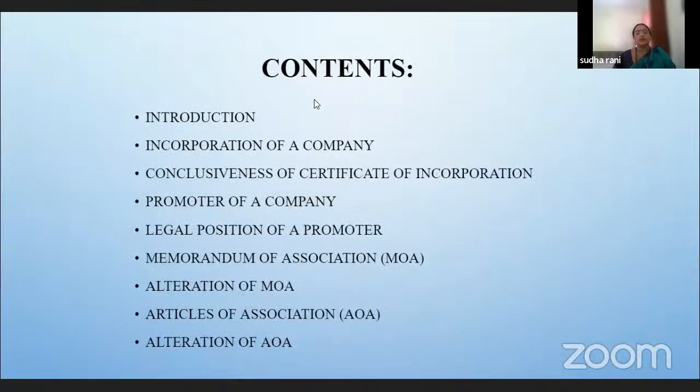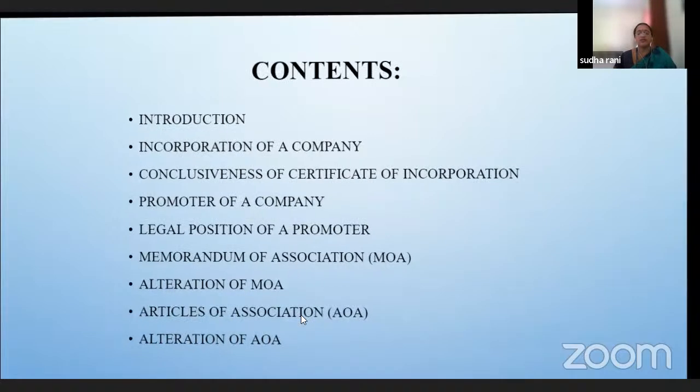So we are going to discuss these topics: incorporation, certificate of incorporation, promoter of a company, legal position of promoter, Memorandum of Association, its alteration, and Articles of Association, its alteration.